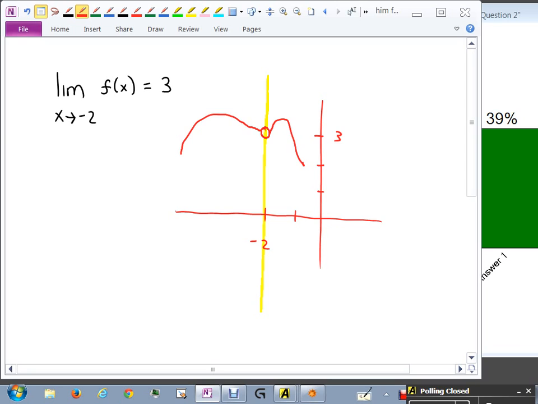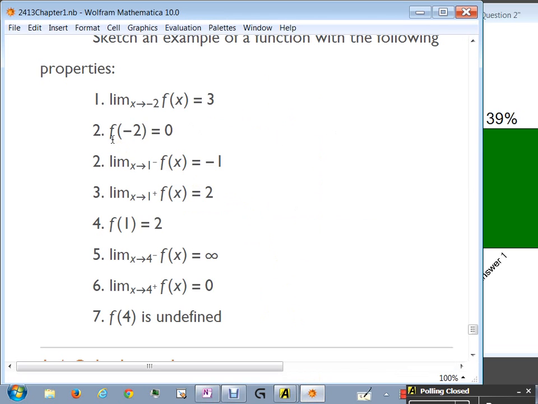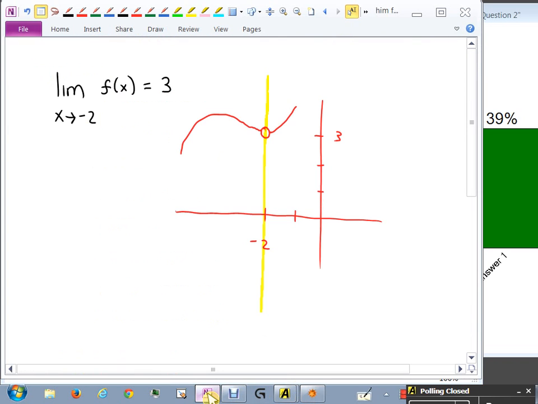All right, the other piece of information, I don't like that. I'm going to do mine like this instead. There. Okay. The other piece of information is that f of -2 has to be 0. So in my drawing, at exactly the value -2, it needs to be 0, which is the same as an x-intercept, isn't it?